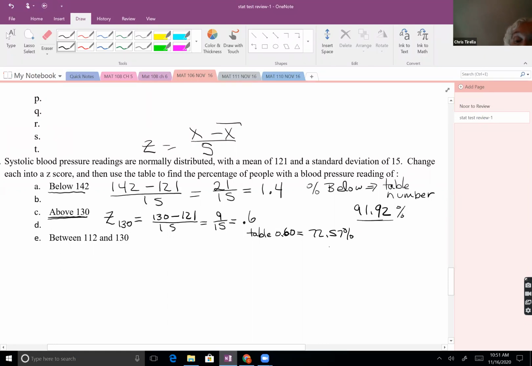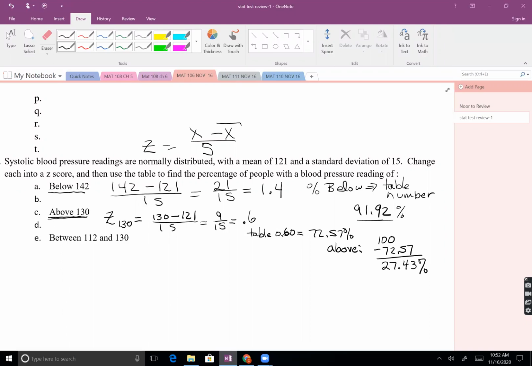But since it's above, what should I do with that? Subtract it from 100, which gives me 27.43%.